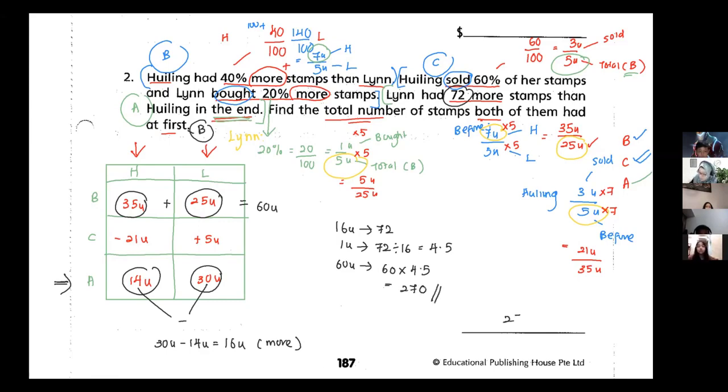Answer: 270. By the way, what concept is this? This is known as the all changing quantities concept, the easier version.